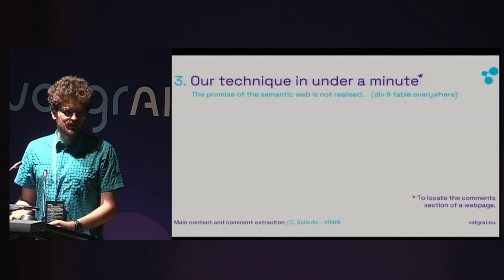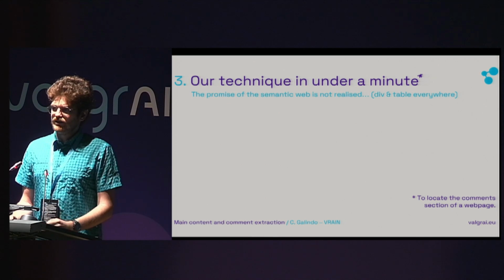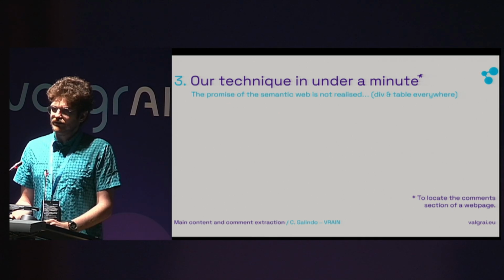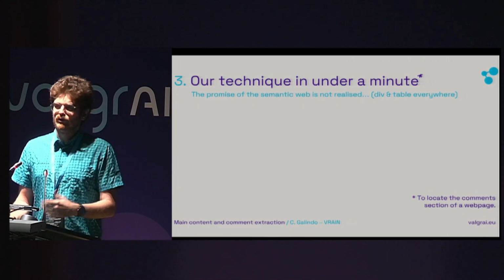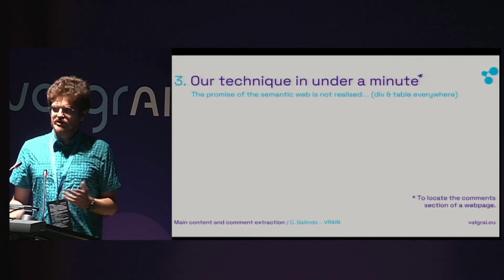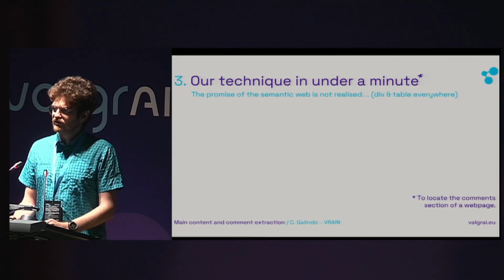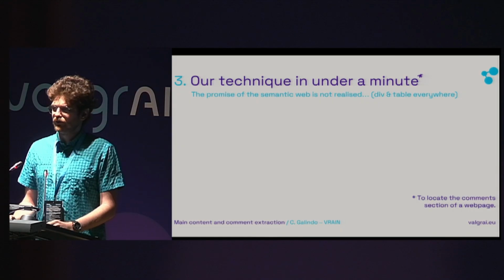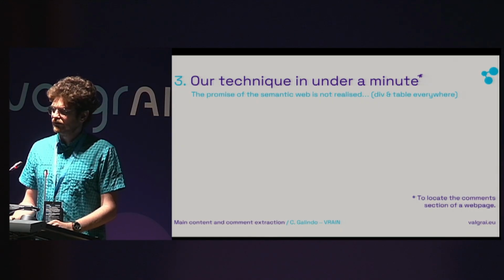So our approach takes this DOM tree and converts it into a way we can extract the main content or comments from it. In this case, I'm just going to show you the comments extraction technique, which is newer.